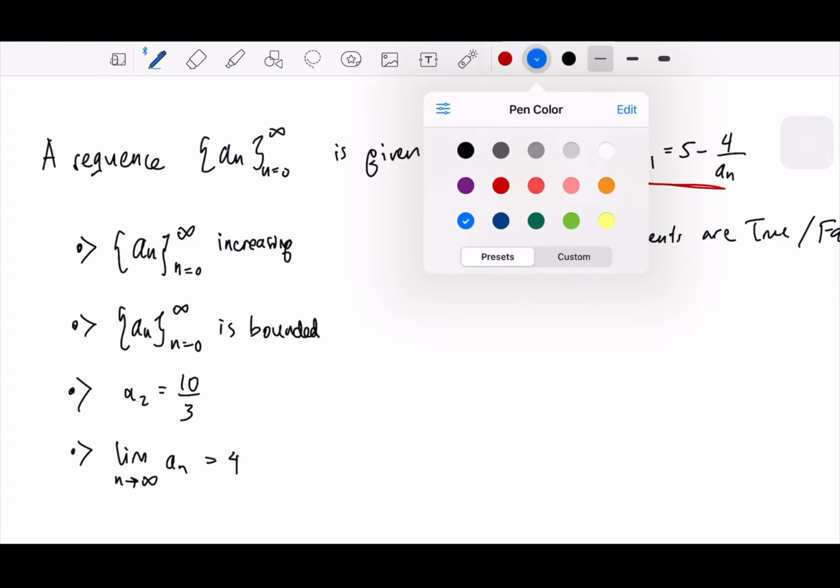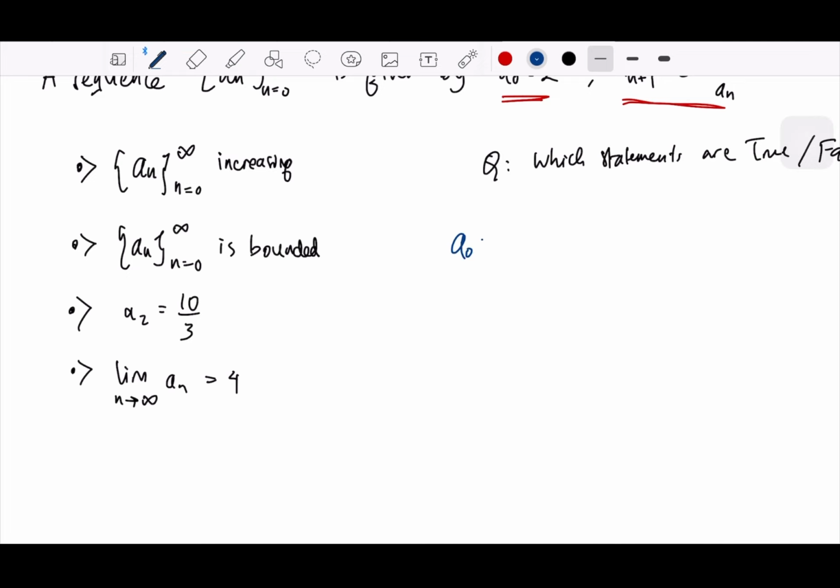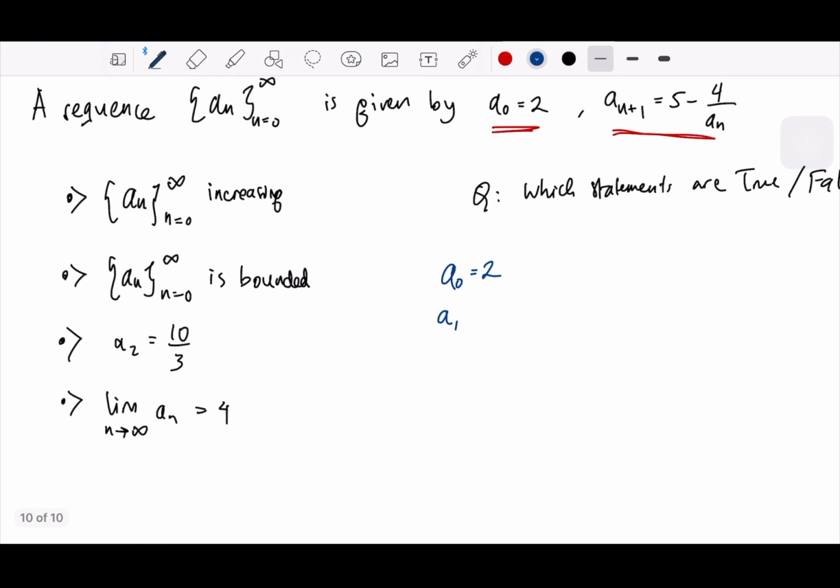Now we can write down a0 is 2, and a1 is, when n is 0, 5 minus 4 divided by 2.